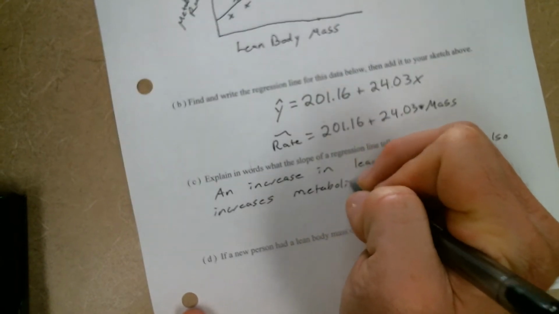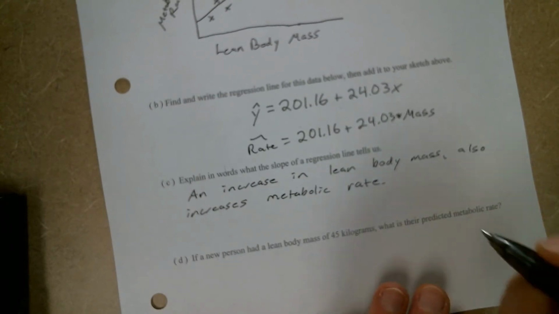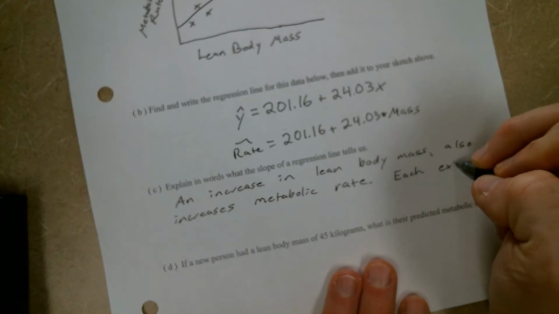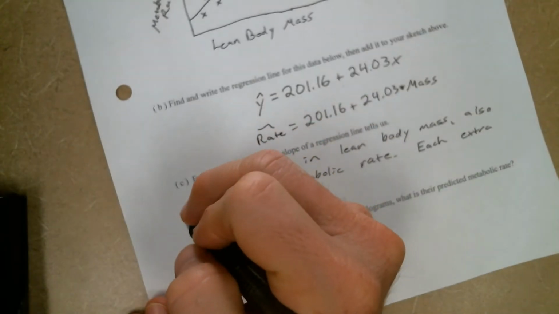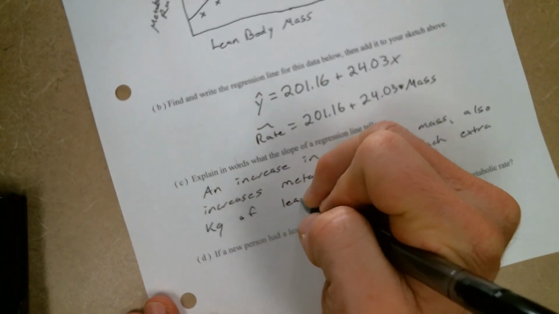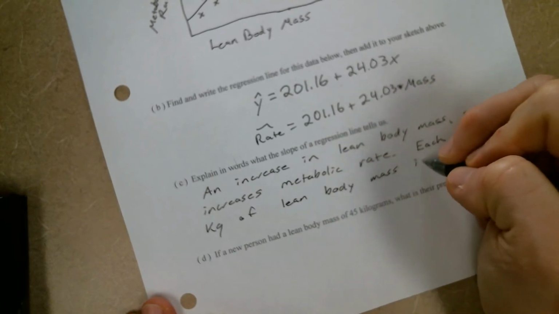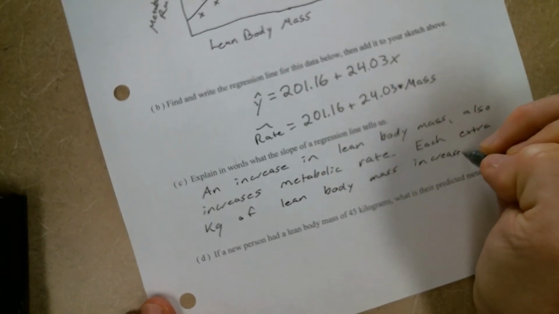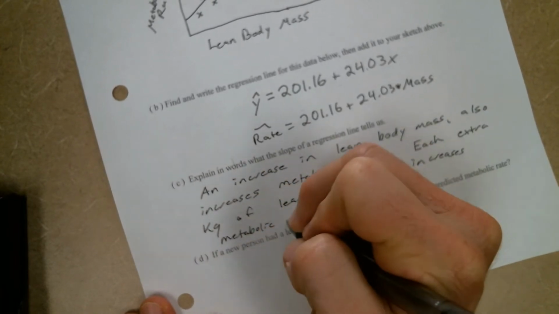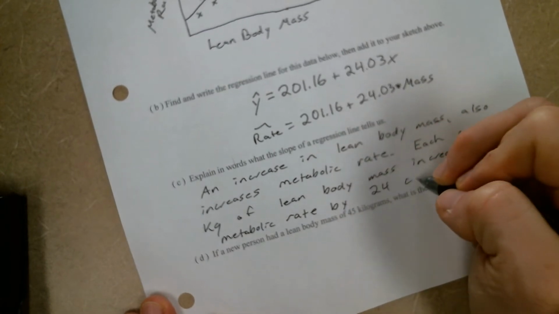That's the big picture story that this equation is telling us. And if we want to be more specific about it, each extra kilogram of lean body mass increases metabolic rate by 24 calories.